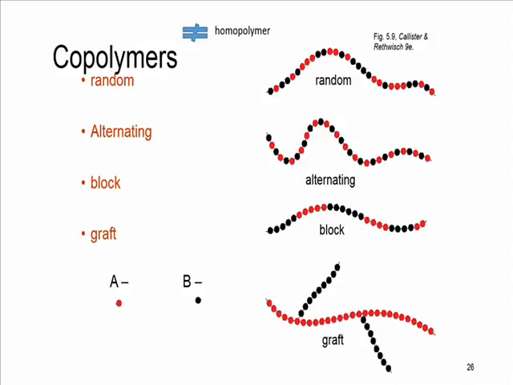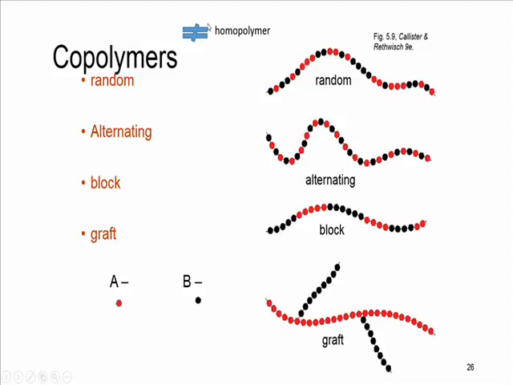If there are large blocks of A units or mers, and then large blocks of B, and so on and so forth, B and A and B, then we have block copolymer. And if we have a chain of B units grafted and inserted onto an A backbone, this is called graft copolymers.